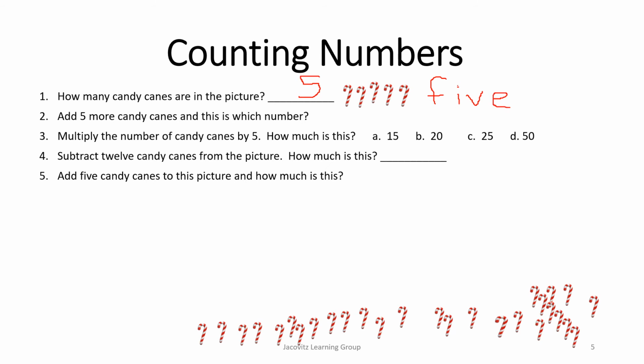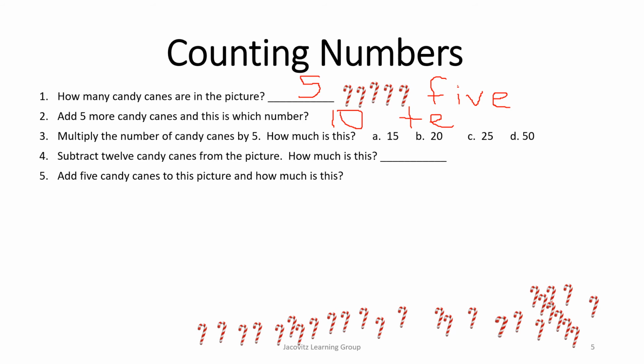Okay, add 5 more candy canes, and this is which number? So 5, 1, 2, 3, 4, 5 would be 10. And if you guessed correctly, you were right. 10. And let's make our N a little bit better.